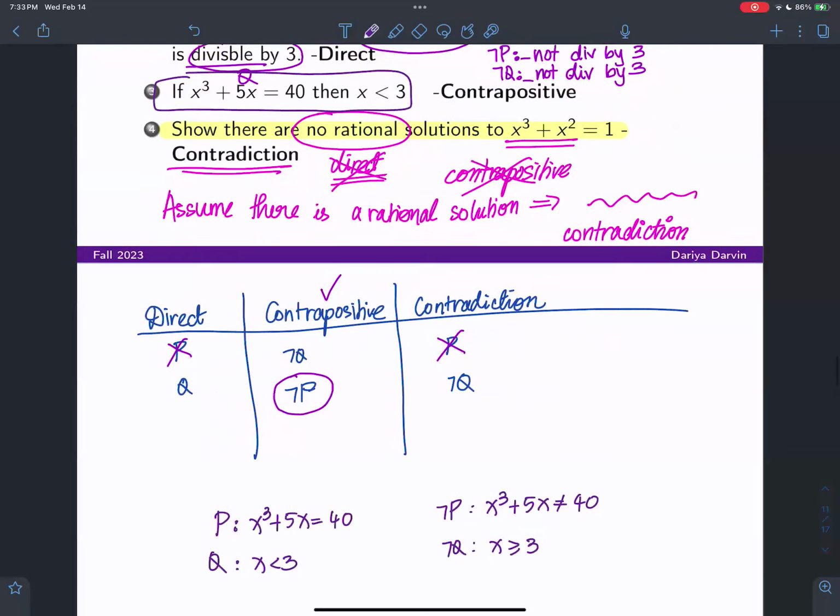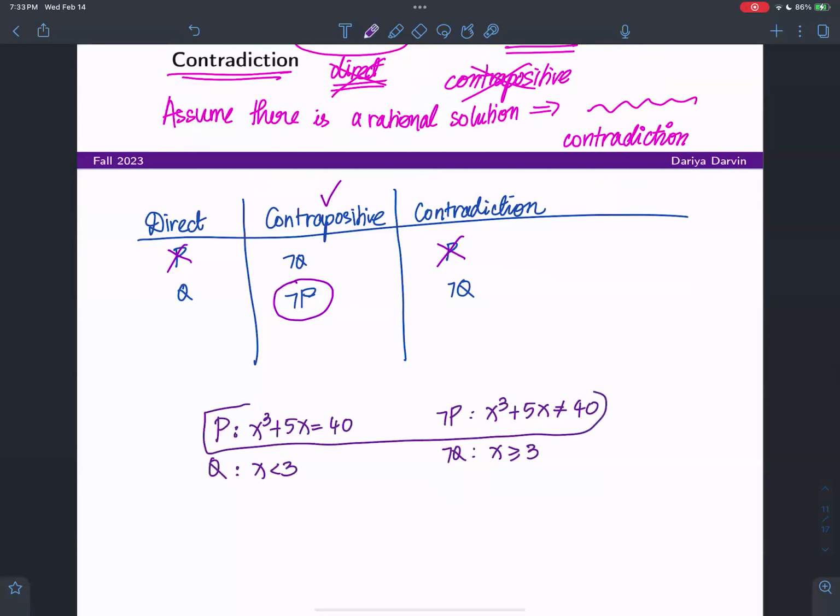So technically speaking, if you compare these two, equal to 40 is easier to work with. So you might think not contrapositive, but direct might be a good method to use here, or contradiction. Technically, you can do direct and contradiction. It's not wrong. But if you do direct and contradiction, you will have to solve for x. And I'm pretty sure this x is just going to give you some decimal or something.